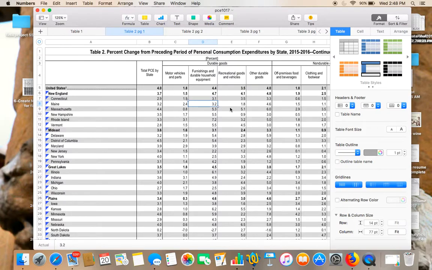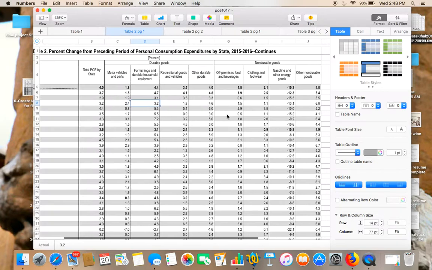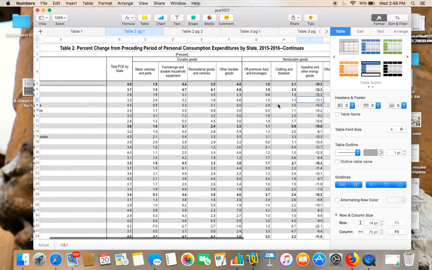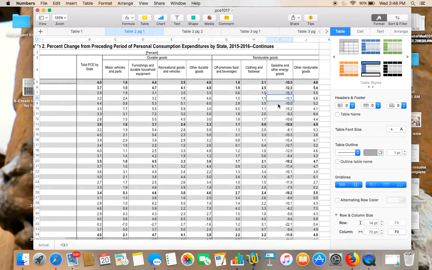Just so you guys have a little more explanation and idea of what this is. And then an example of a negative would be, which state is this in? This is in Maine as well. So Maine, the sales for gasoline and other energy goods were down 13% from 2014.